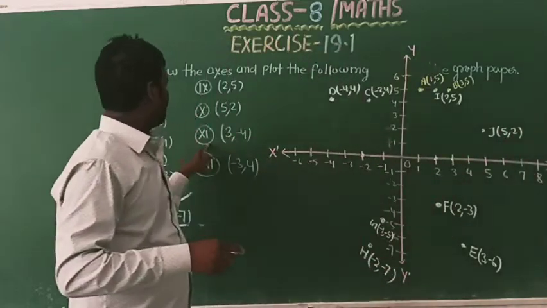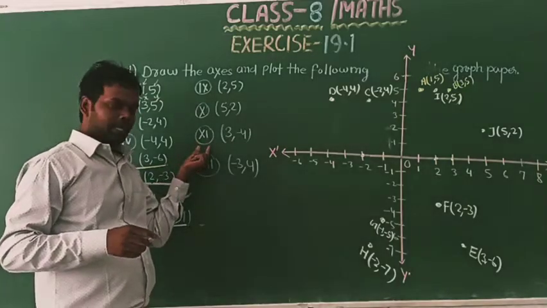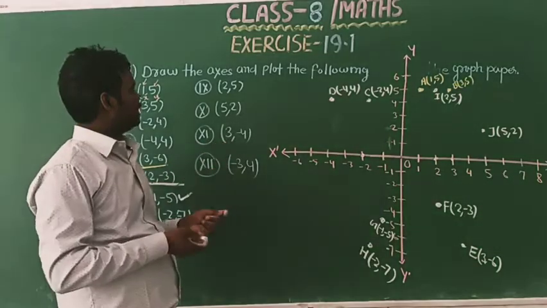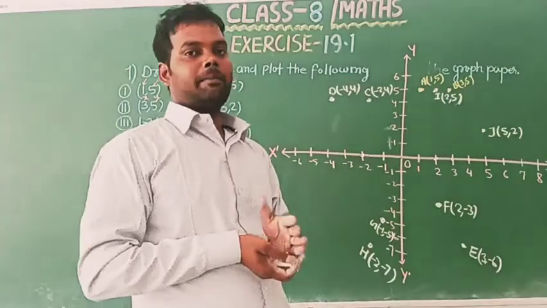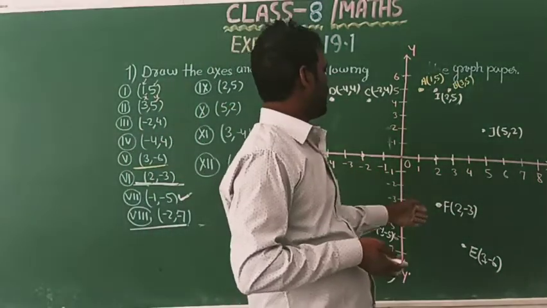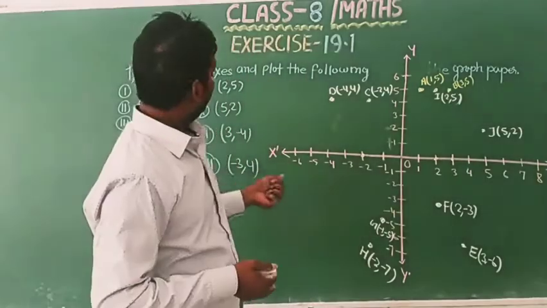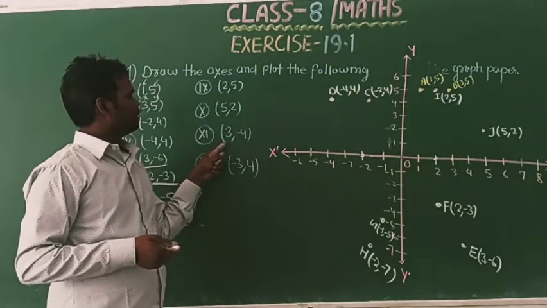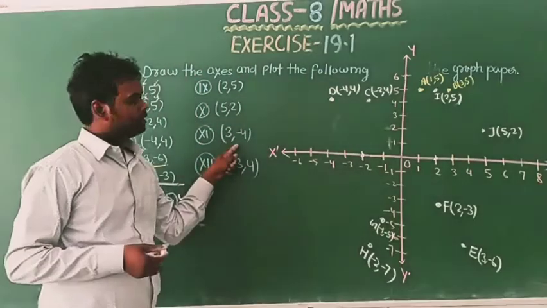Okay. Now move to the 11th part. This is (3, -4). It lies in the fourth quadrant. The x coordinate is 3 and the y coordinate is -4.